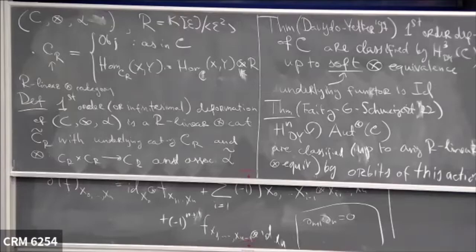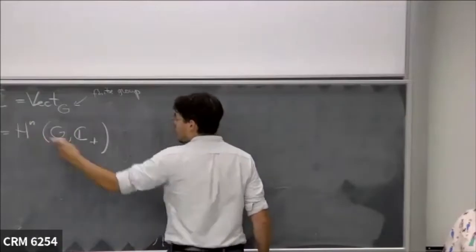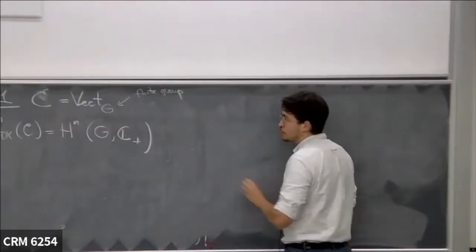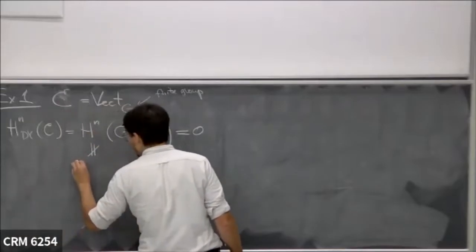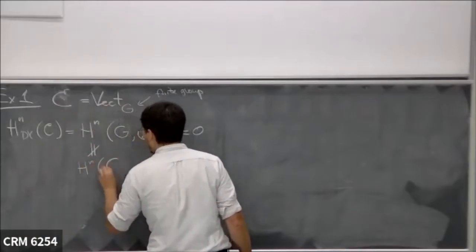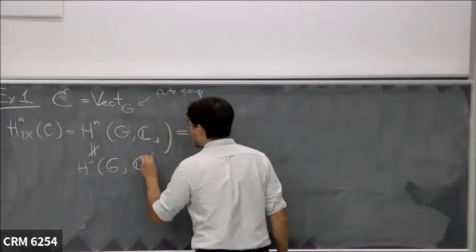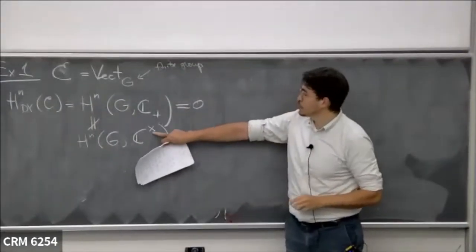So what will be H^n_DY for such a category C? It will be just group cohomology. It will be the nth group cohomology of your group G with coefficients in the trivial G-module C, but as a group it is C+. It's not difficult to show that this is always zero. And it's important to distinguish this group from another group cohomology with coefficients in C, but with respect to the multiplicative group structure.